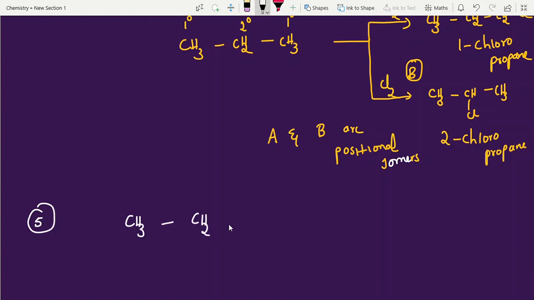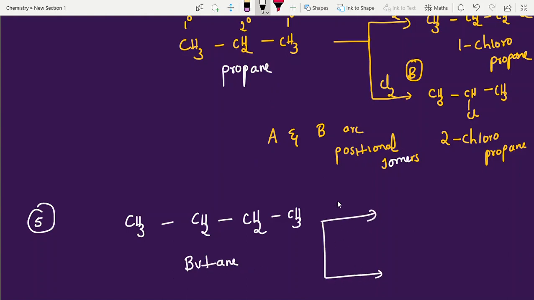CH3, CH2, CH2, CH3. This is what we call butane. Above one propane, down one butane. Long chain means n-butane also, they will call it, both are same.